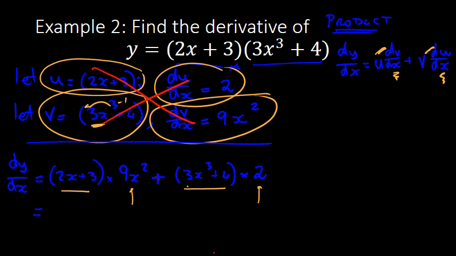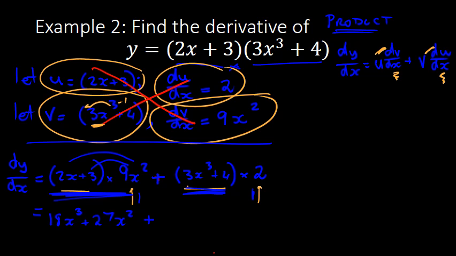Because in this case the bracketed terms are simply multiplied by a single term, and that bracketed term by a single term, it's probably warranted to expand these brackets out. That is to say, see if we can express this entire thing as a simplified polynomial. 2x times 9x squared is 18x cubed, and we'll have a plus 27x squared.